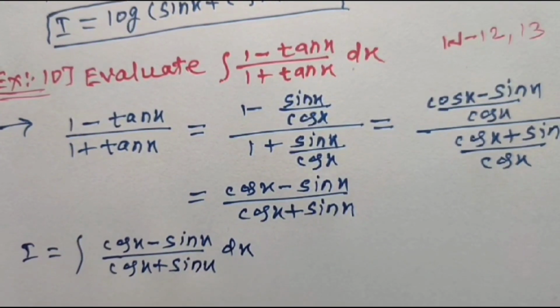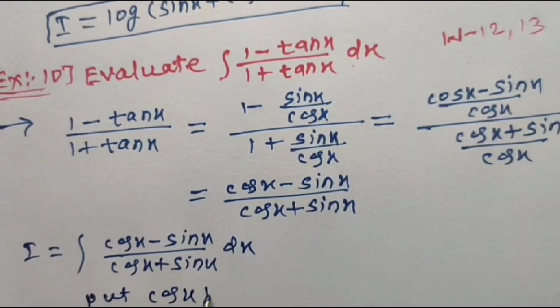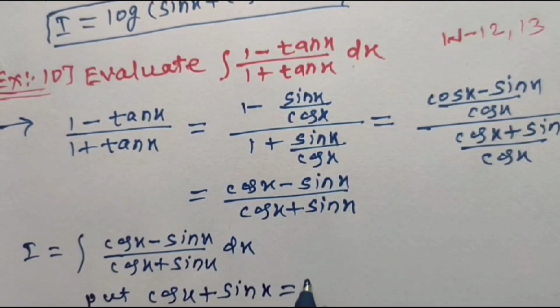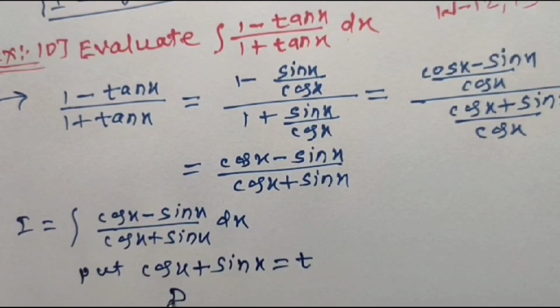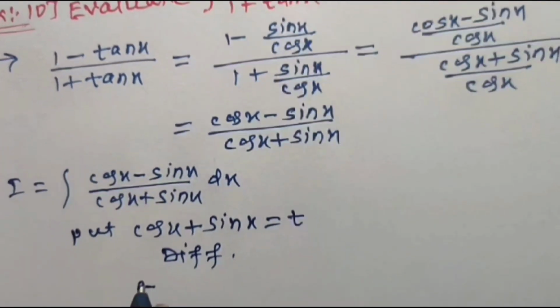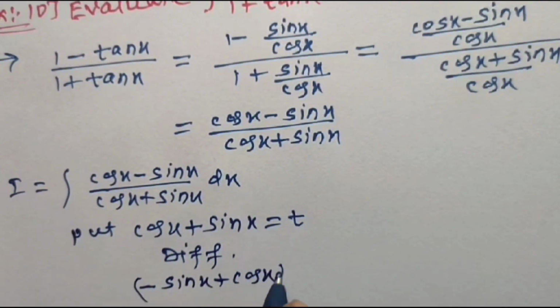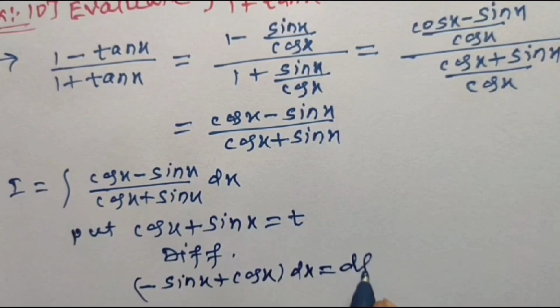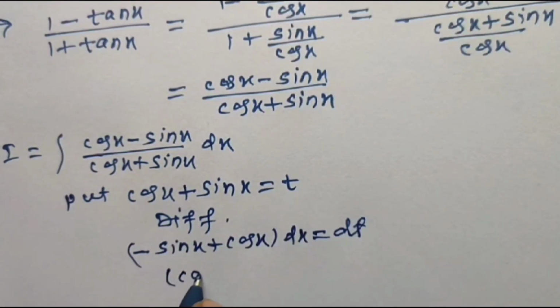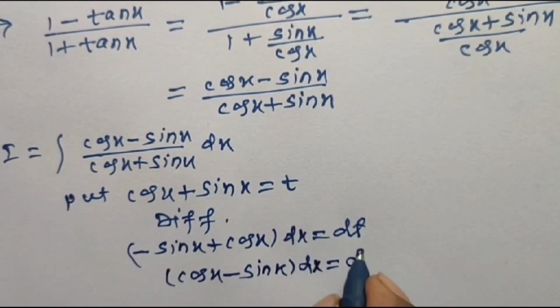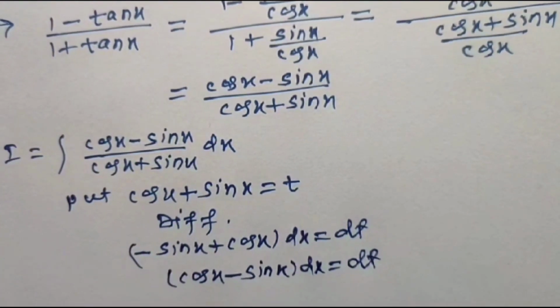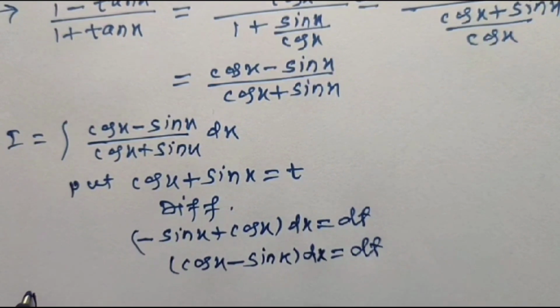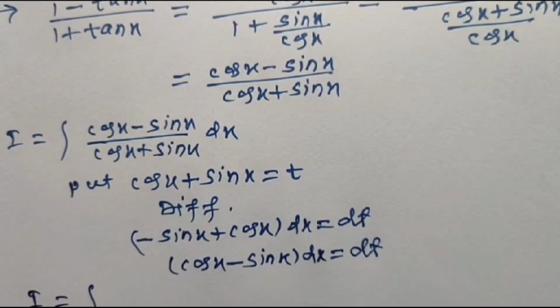Now here also we have to substitute cos x plus sin x is equal to t. Hence differentiate this. This gives minus sin x plus cos x dx is equal to dt. This is nothing but cos x minus sin x dx is equal to dt. Put this in the integrand. So the integral becomes I is equal to integral of 1 upon t dt.